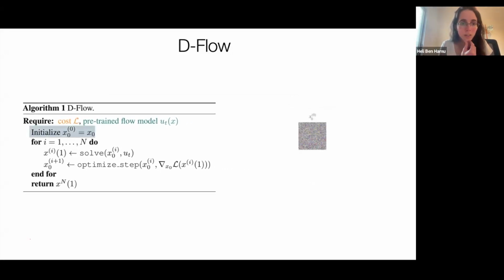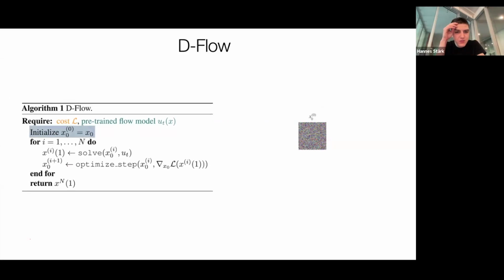So how many steps do you actually usually do in practice? Steps of optimization? So it depends on the application. There were applications where we defined the stopping criteria by a threshold of the cost function.